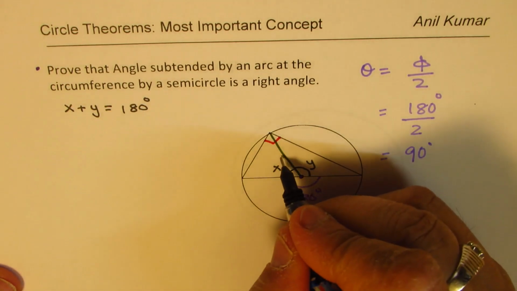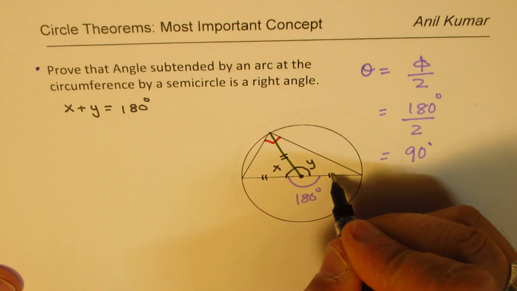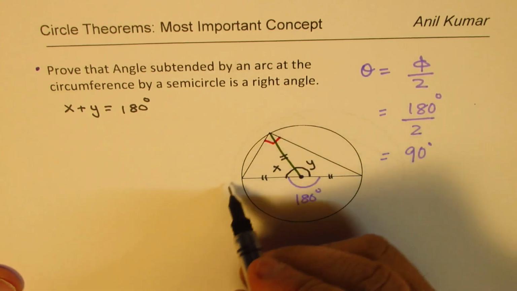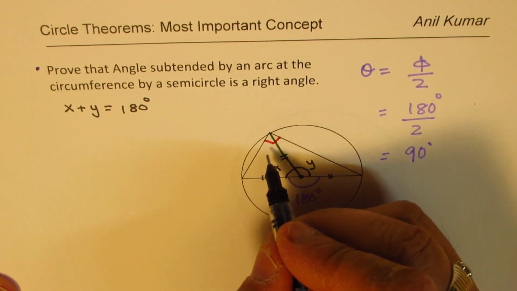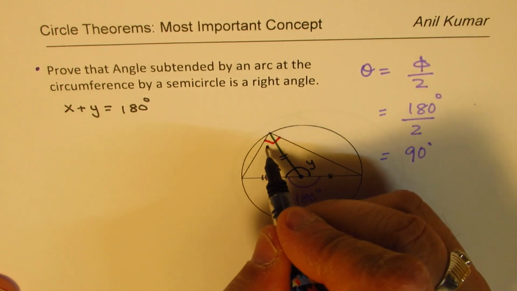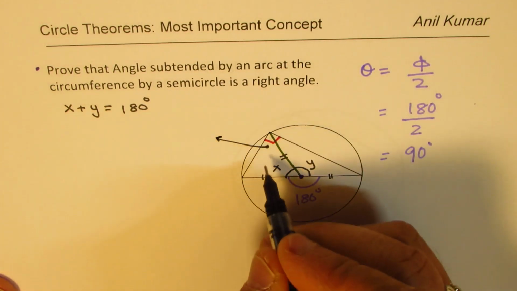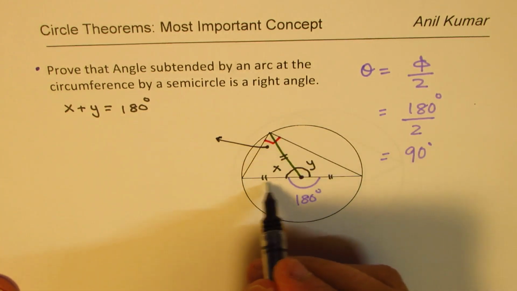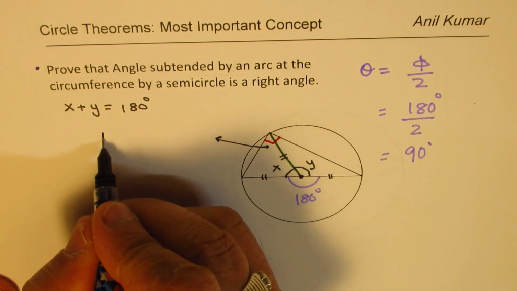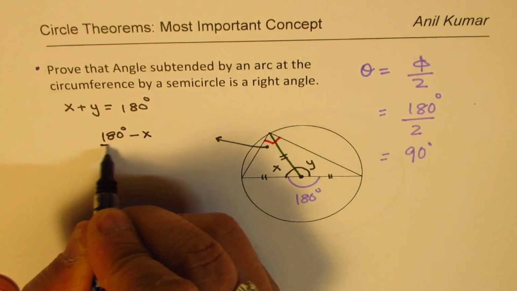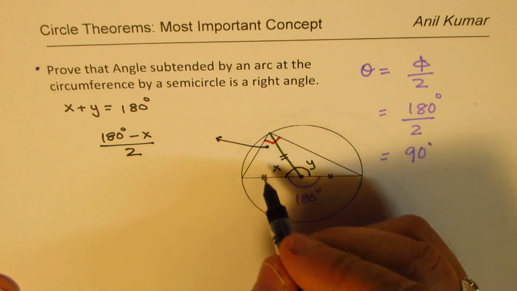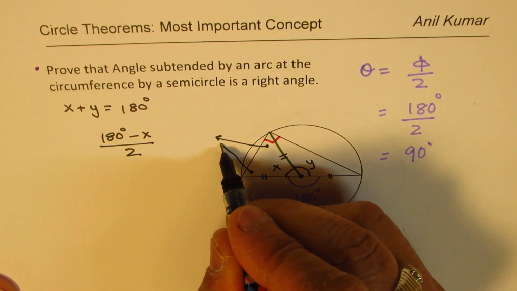Now, you realize that this is the radius, right? So that means we are talking about the triangle which is isosceles. Now, in this particular triangle, what should be this angle? This angle should be, since the sum of 3 angles is 180, it should be (180 degrees minus x) divided by 2, since this angle is also equal to that angle, right?